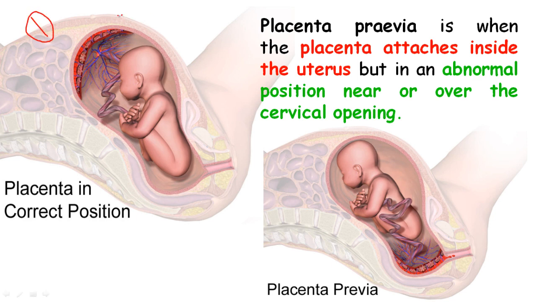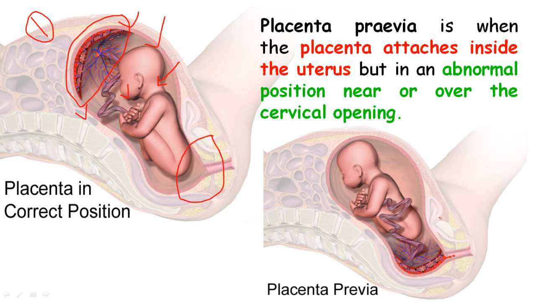This is the placenta normally attached inside the uterus, either at the top, or on the side, the front, or even the back. It should not lie at the lower part.